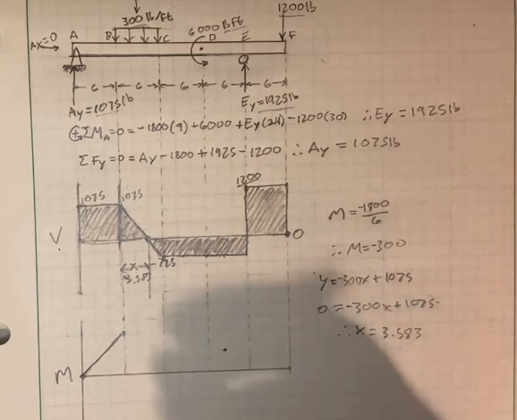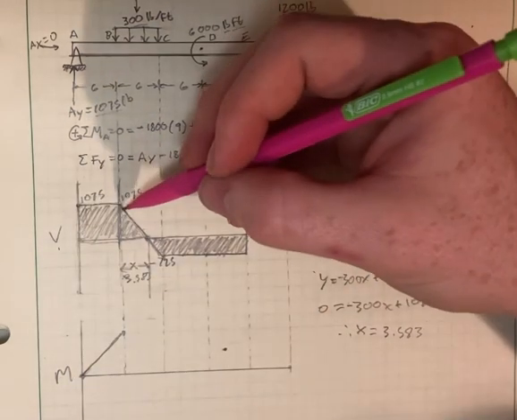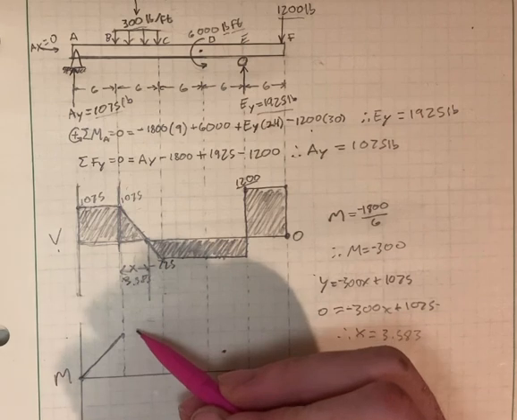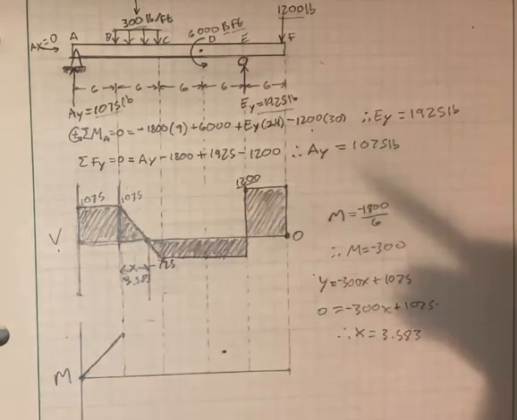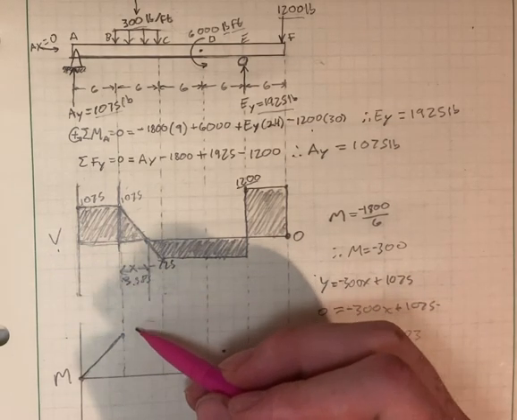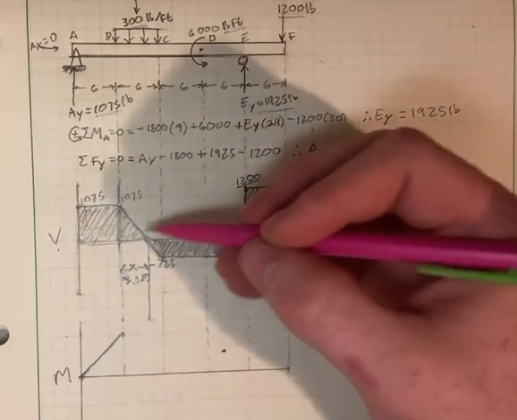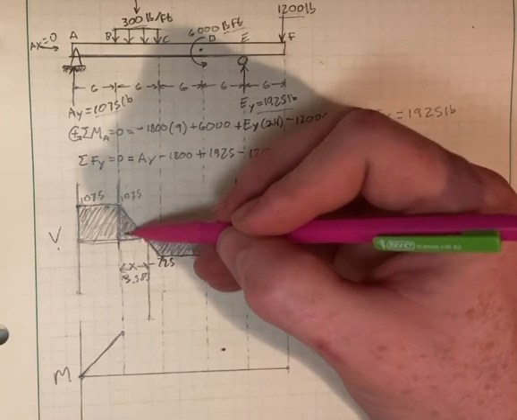Okay, so why do we need that? Well, since this is linear, our next thing is going to be parabolic on our moment diagram. We know it's going to go up, at least until this point, because this is positive area, above the axis.